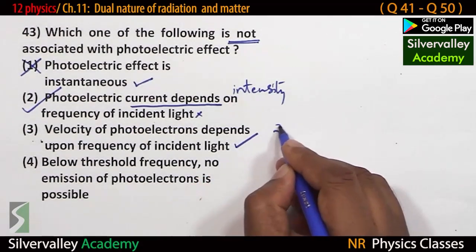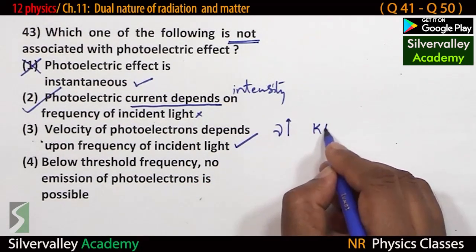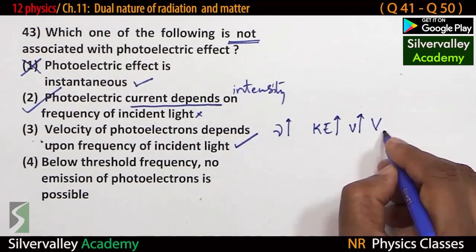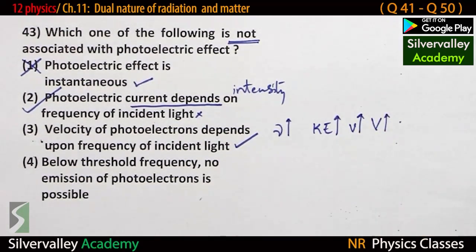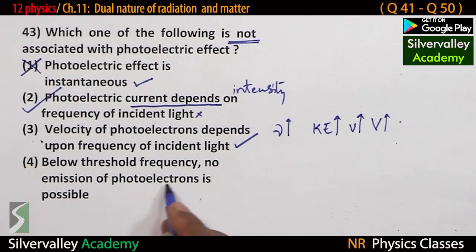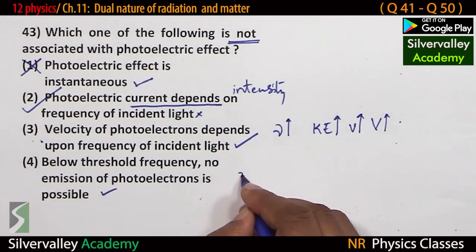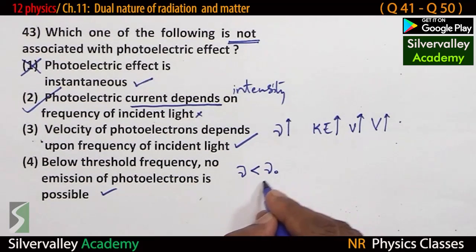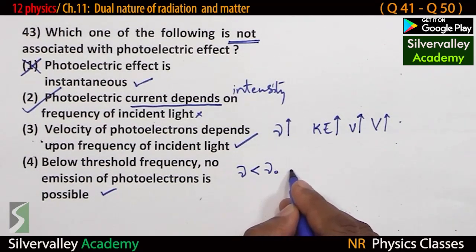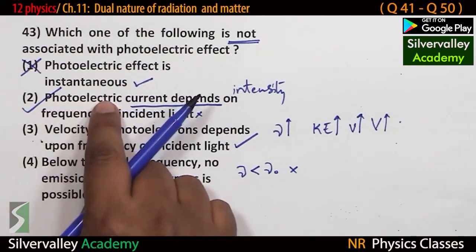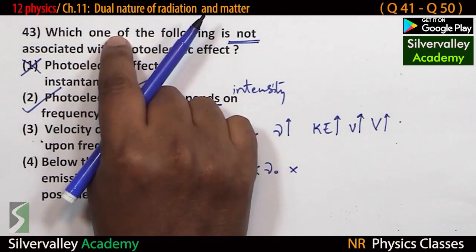Yes, if frequency increases, kinetic energy increases, velocity increases, stopping potential increases. Below threshold frequency, no emission. Yes, true, because if frequency of incident radiation is less than threshold frequency, then there is no emission. Statement is correct. So the second is the wrong statement. That is the answer for this question.